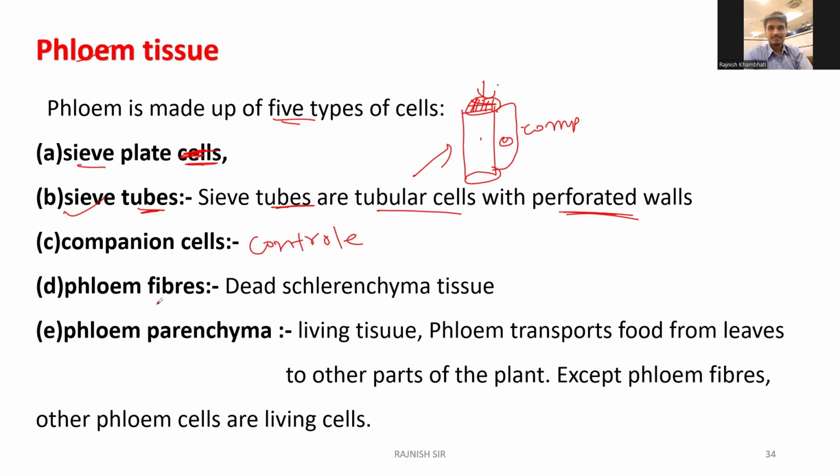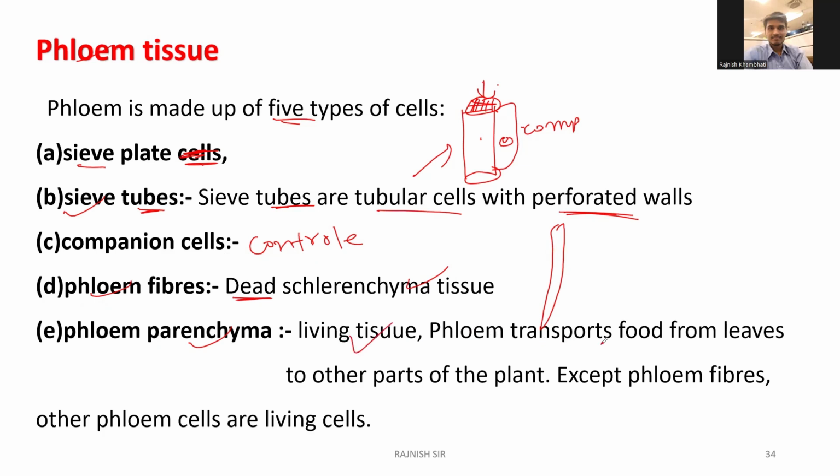A phloem fiber is dead sclerenchyma tissue. We just saw the same fiber cells, and they are dead cells. Fibers are dead in the phloem. Phloem parenchyma is living tissue.